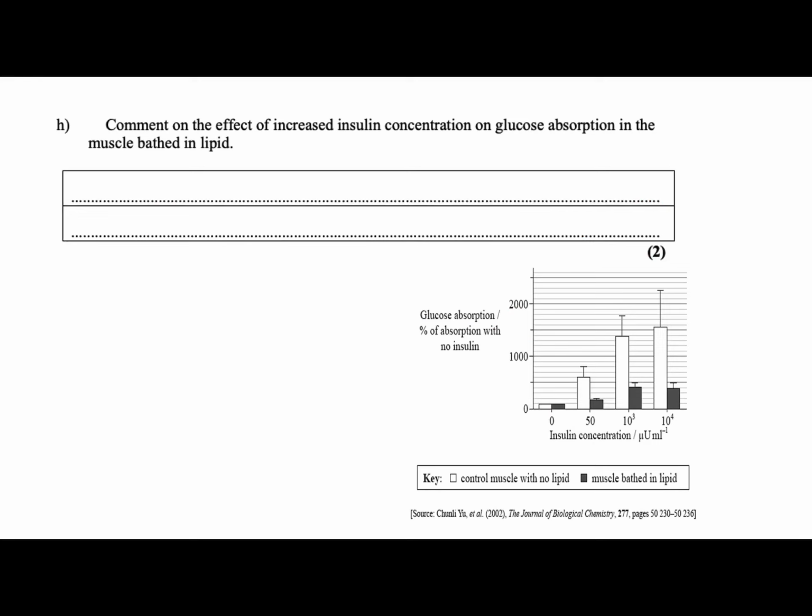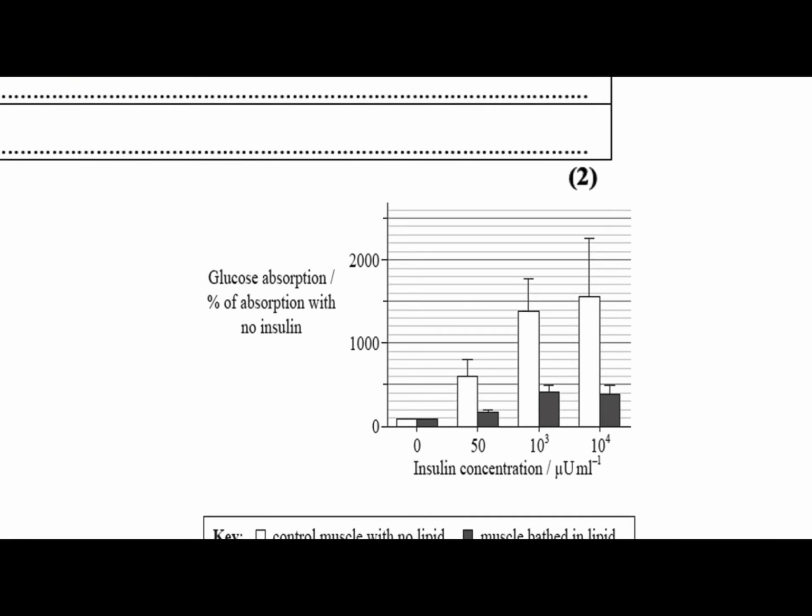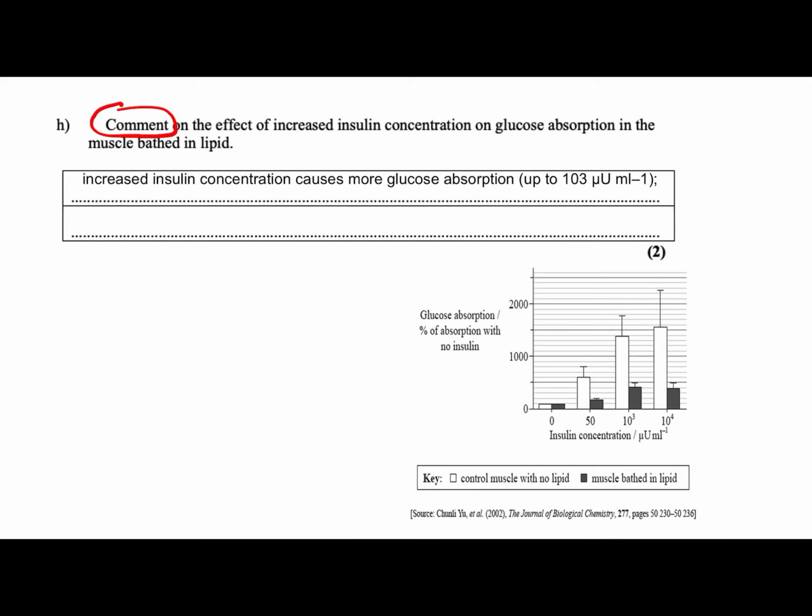Comment on the effect. So it's just a comment, no discussion, no explanation, no description required. Just observe the graph and comment. So increased insulin causes more glucose absorption. Here more, here more. So with increased insulin concentration, there is more glucose absorption, and data is also given.